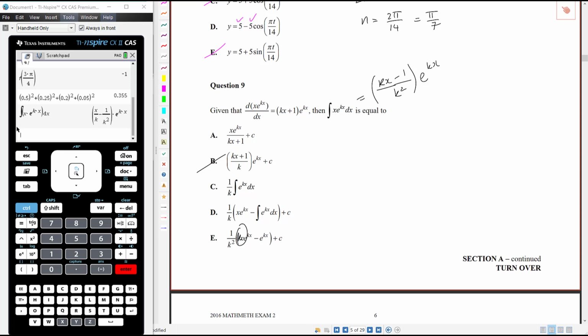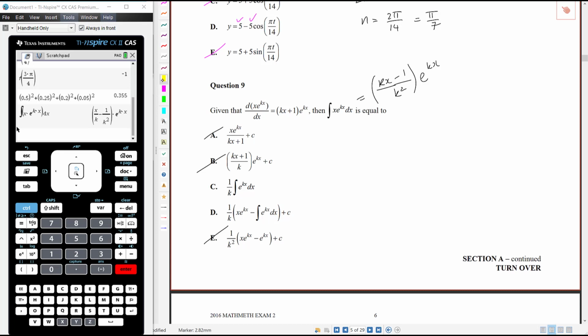You'd need a k there. It'd be kx times e to the kx minus e to the kx. So that's not quite right either. And then this one definitely isn't right. Okay, so it's going to be to do with one of these options which still has an antiderivative in it, and so therefore that's going to force us to do some work by hand here.